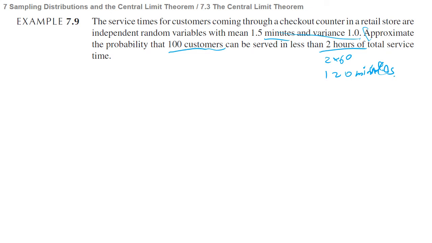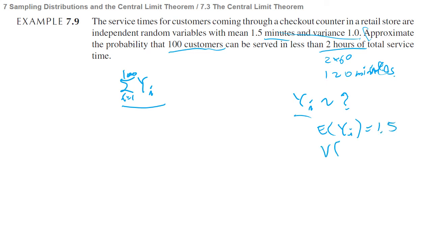And also we have 100 customers. So what we want to know is the sum of yi, i equals 1 to 100. Let's say yi follows some distribution that we don't know, but this is the service time for one customer, and the expected value of yi would be 1.5 minutes, and the variance of yi is 1.